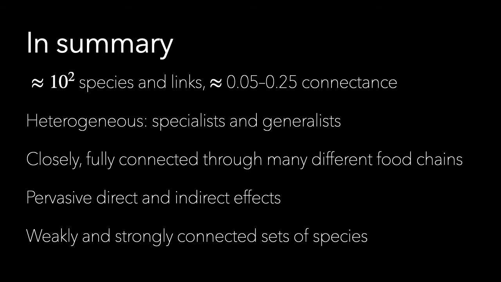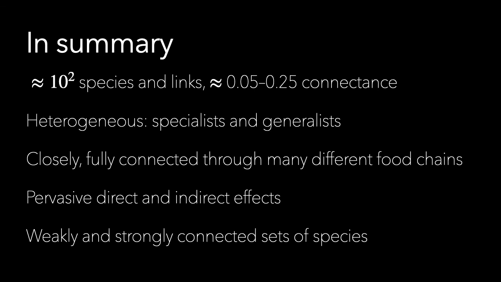And this also indicates to us the importance of these pervasive direct and indirect effects. We learn that there are those motifs that are overrepresented that can lead to spreading the cascading effects, and this is going to impact the dynamic of the food web and its robustness.